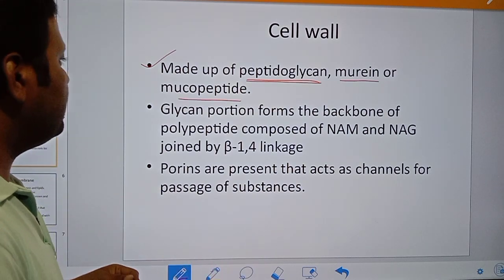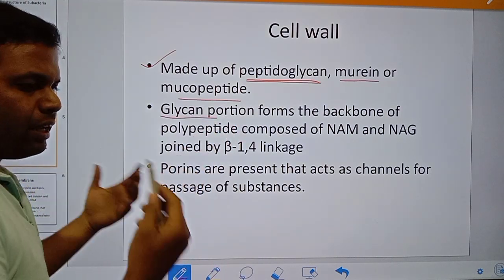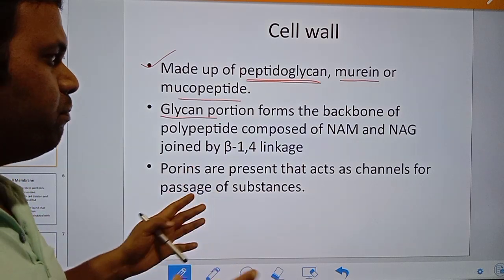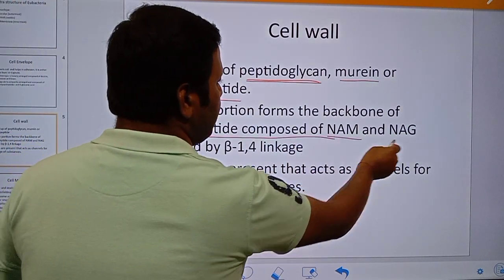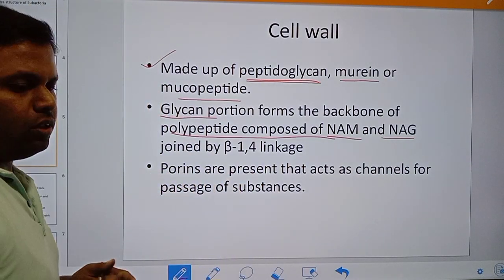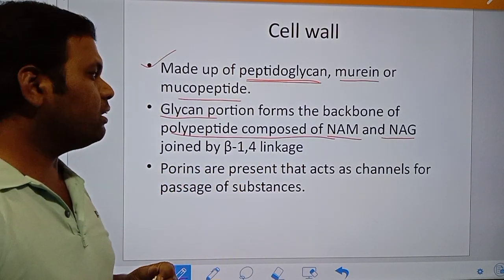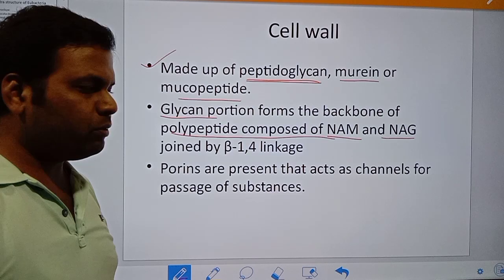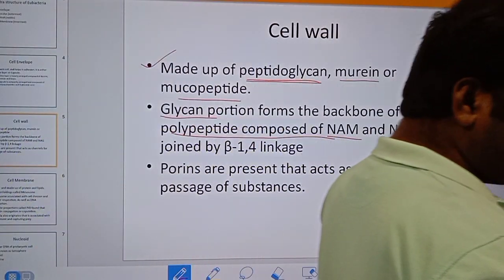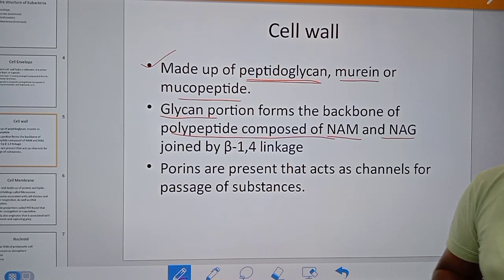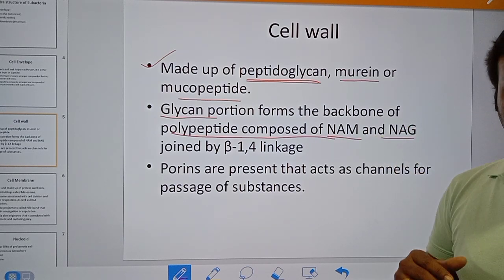Then what else is present? The glycan portion of peptidoglycan is composed of NAM and NAG. These are the two components. What are these NAM and NAG? One is N-acetyl muramic acid and the other is N-acetyl glucosamine.